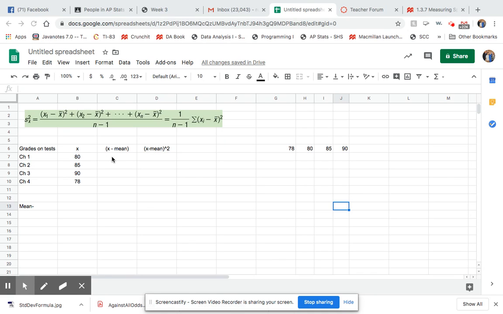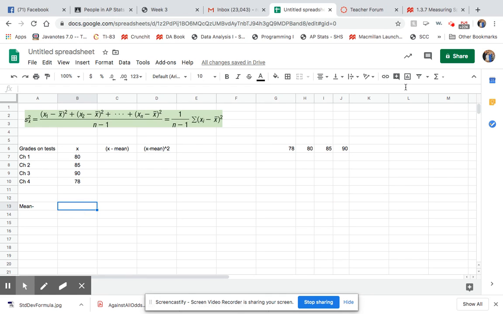So let's look back here. If I look at this formula, here's my, say, 4 test scores that I got on some tests that I took in this class. And they don't have to be in order. So in here, I'm going to take each one of those scores minus the mean. So the first thing I have to do is calculate the mean.